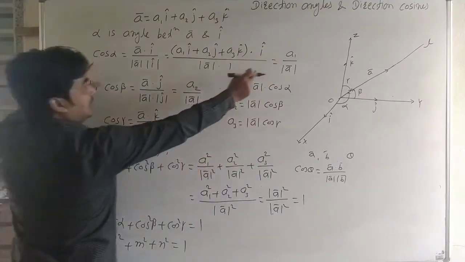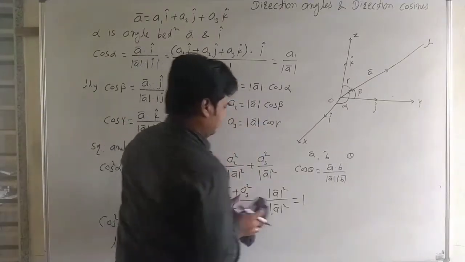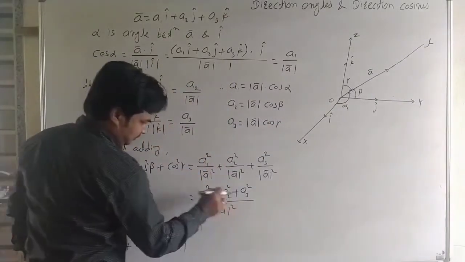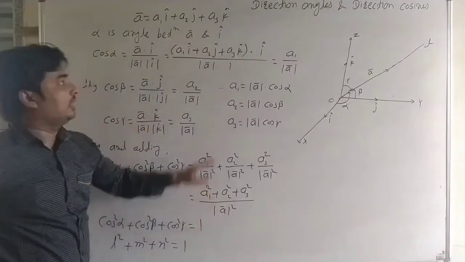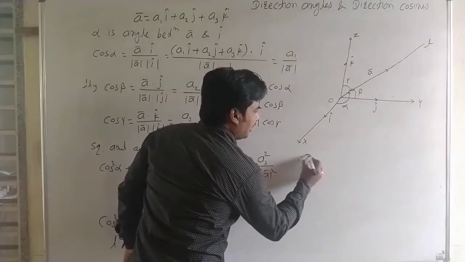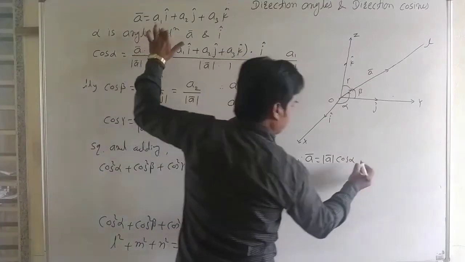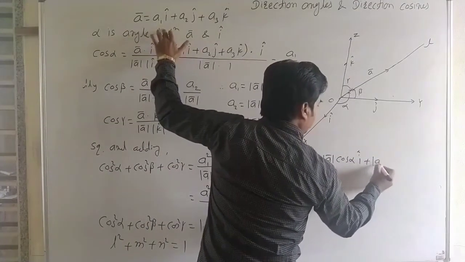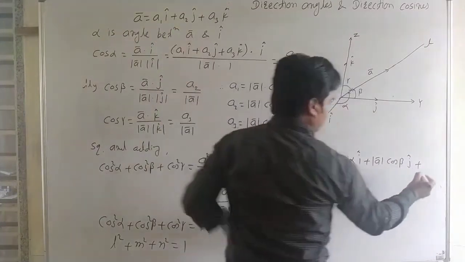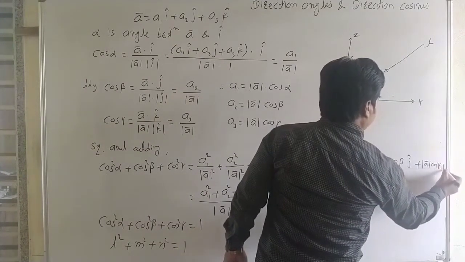From these three relations we get the values of a1, a2 and a3. Therefore the vector a bar is equal to magnitude of a bar into cos alpha i cap plus magnitude of a bar into cos beta j cap plus magnitude of a bar into cos gamma k cap.